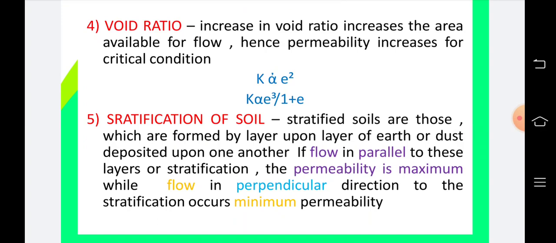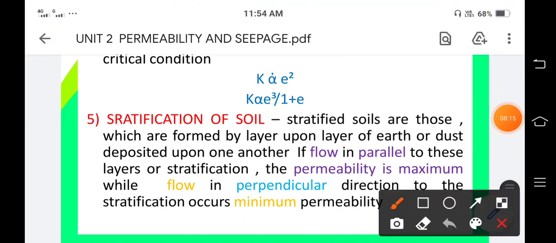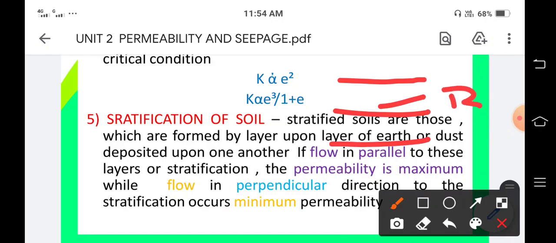So when the flow is parallel to the stratification, permeability will be maximum, and when the flow is perpendicular to the stratification, permeability will be minimum, okay. So from the diagram we can easily understand. So what is meant by stratification? This is one layer, this is second layer, so this is a layer of black cotton soil, this is a layer of murum, and this is a layer of rock, okay.